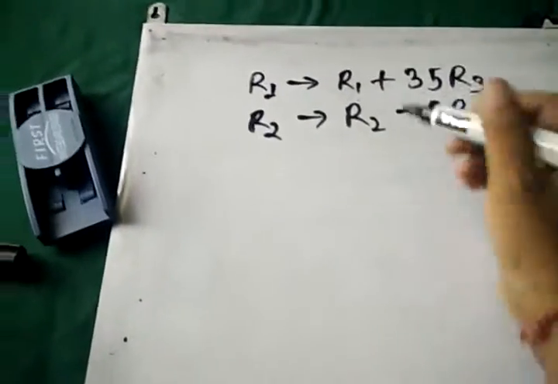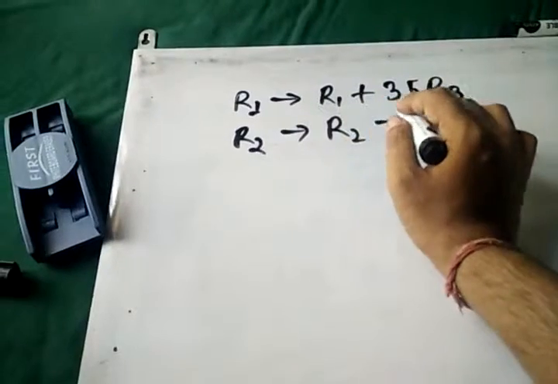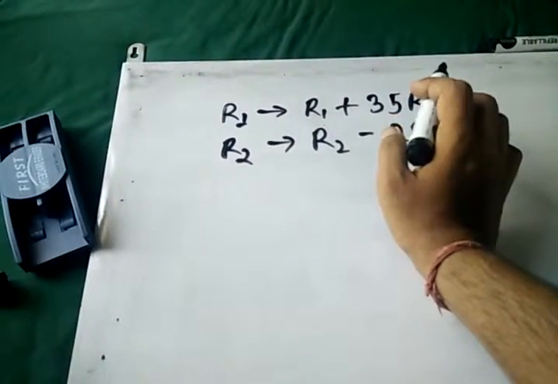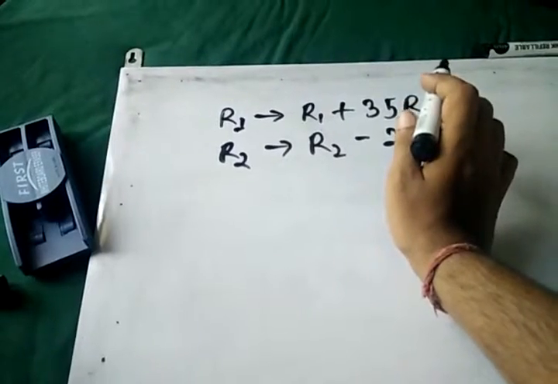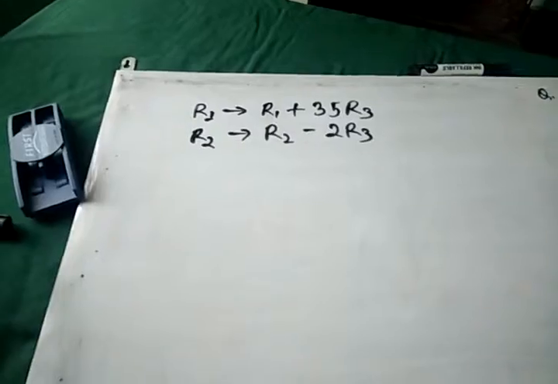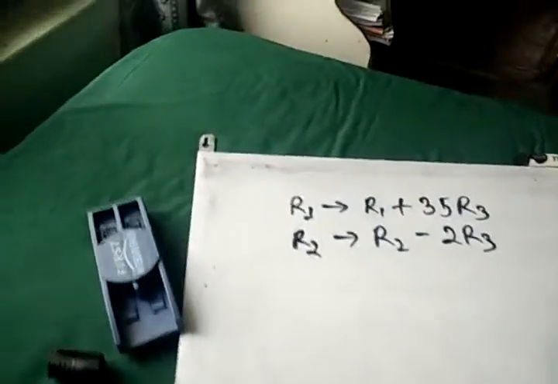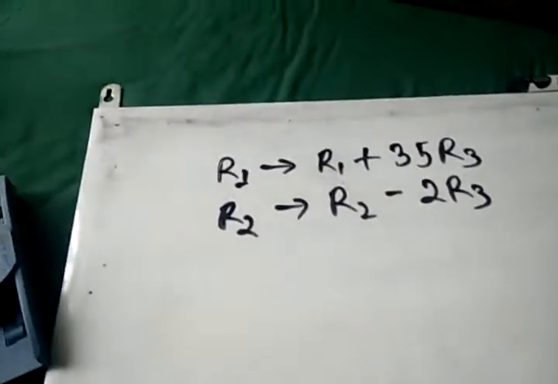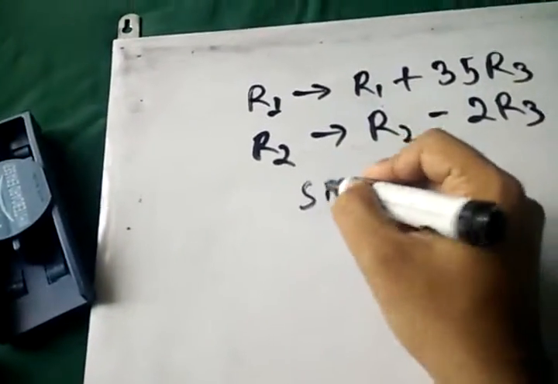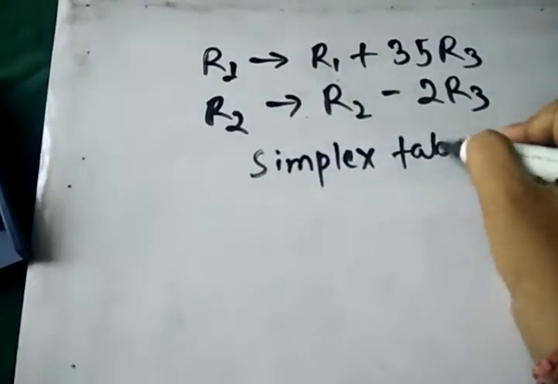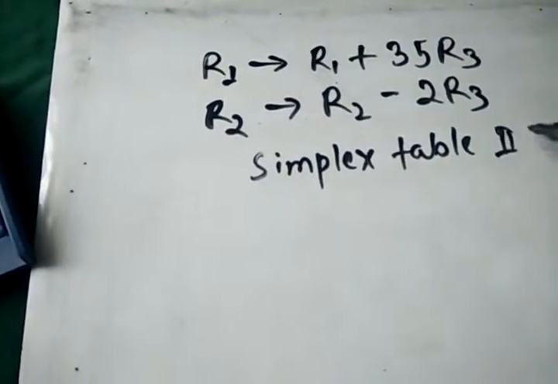We just use R1 plus 35 R3 to make the other values of the x1 column 0. After doing this, we'll get the second simplex table.